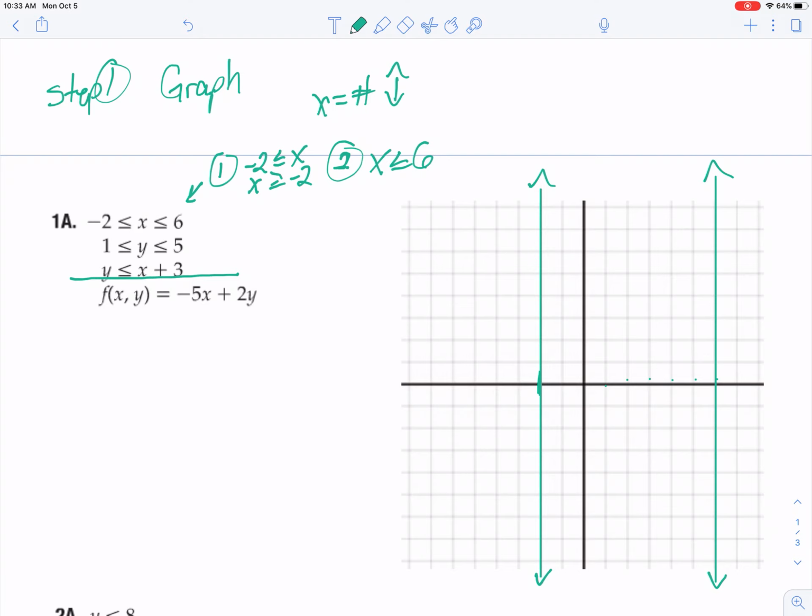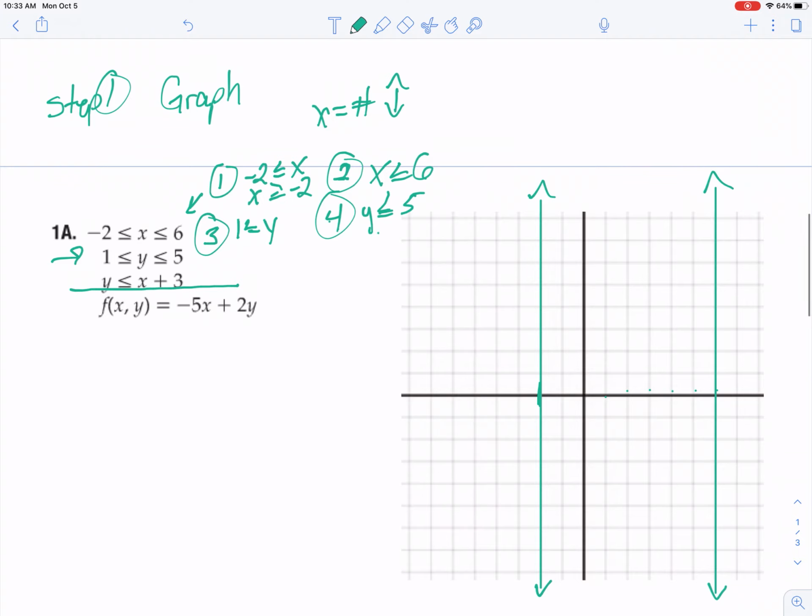So likewise, with this one, that is two different functions to graph. The first one being 1 is less than or equal to y. And the second one, or my fourth equation, being y is less than or equal to 5. And again, I don't like the way number 3 is written, so I'm just going to switch it. Greater than or equal to 1.